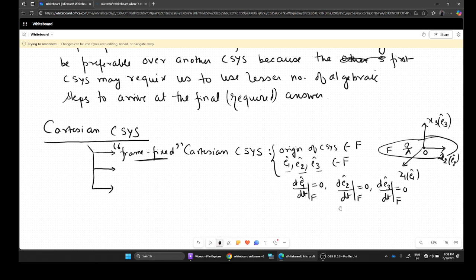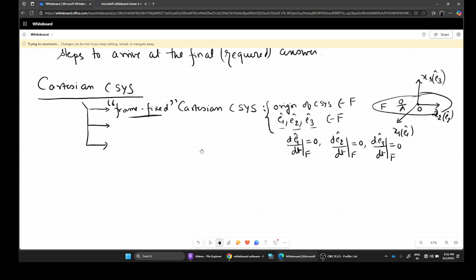Now note that the way I made this coordinate system here, I have used x1, x2 and x3 symbols. Now these are the scalar coordinates. These are all scalar, a set of scalars.